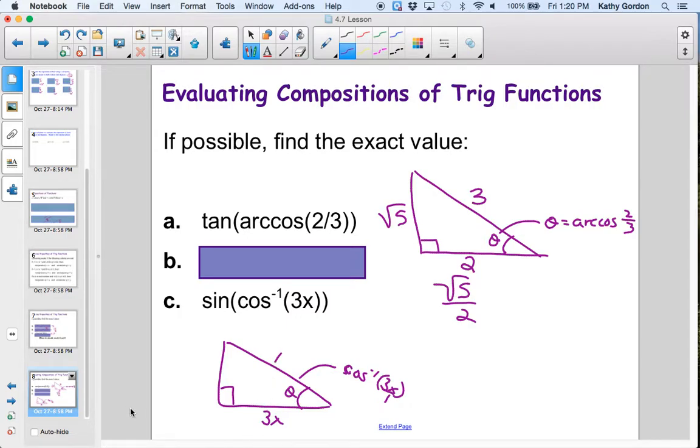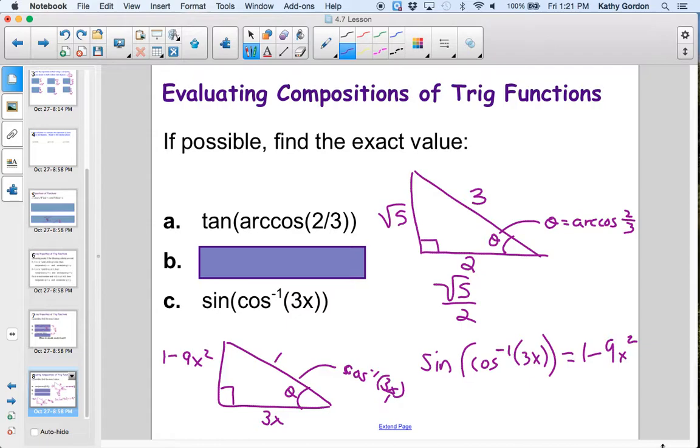So what does that mean for this other side? 1 minus 9x squared. So now, what is the sine of this angle, based on what I now have labeled? 1 minus 9x squared.